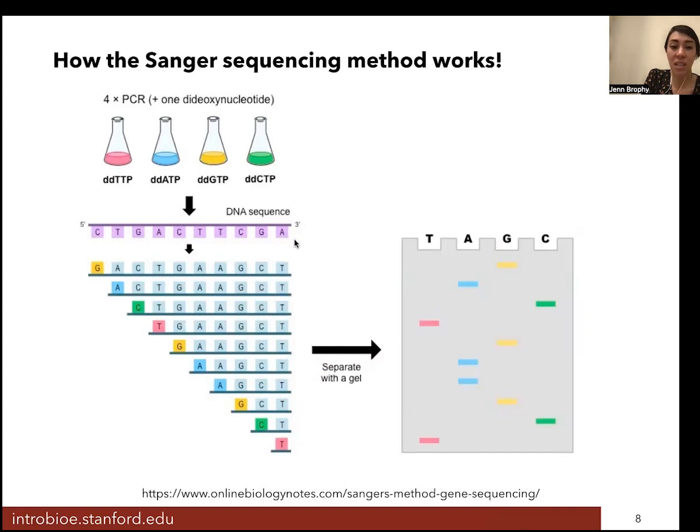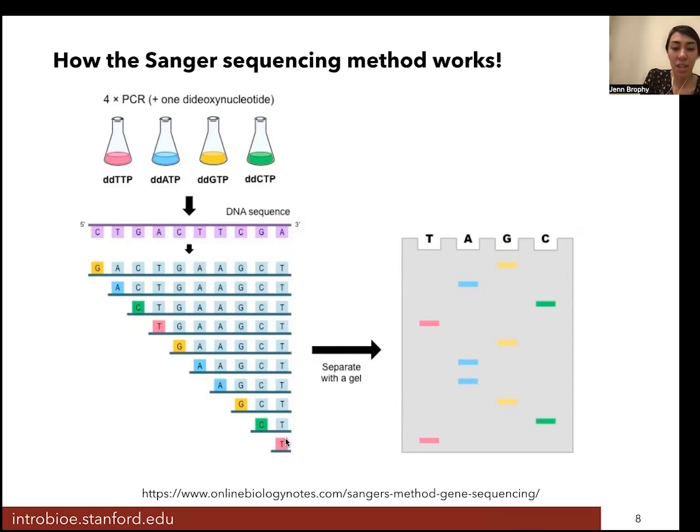So you always synthesize from the 5' to 3' direction. So this might be the first base that you try to synthesize. And if you're in this reaction condition, then you'll probably incorporate a ddTTP, a dideoxynucleotide, and stop the growing reaction.